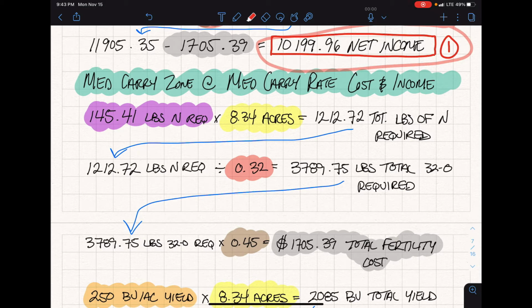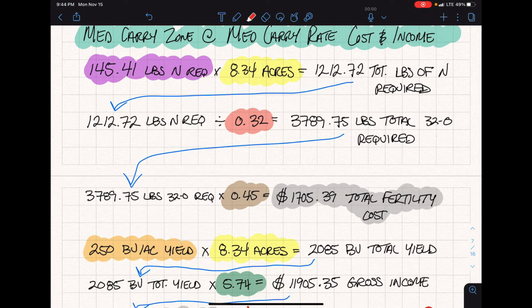As we carry that number down, we'll have 1,212.72 needed pounds of N divided by the total amount of N in 1 pound of UAN 32 or 32-0, giving us 3,789.75 total pounds of 32-0 or UAN 32 required.